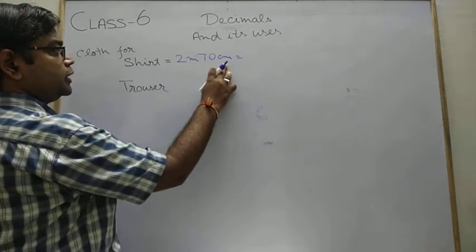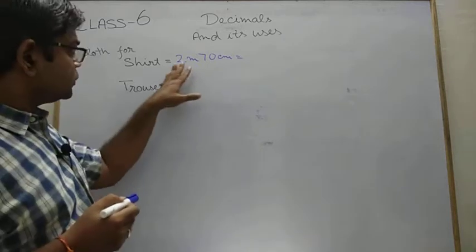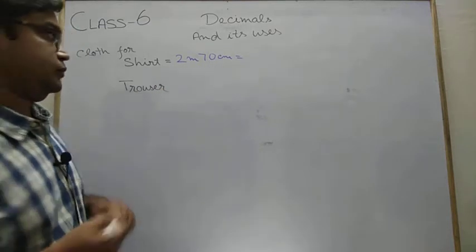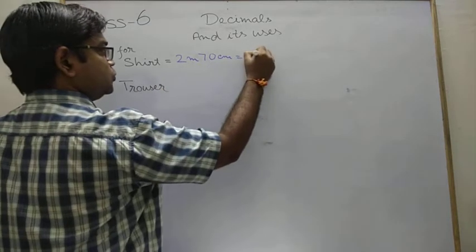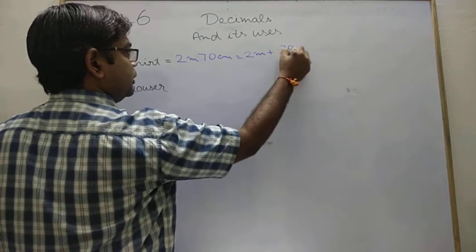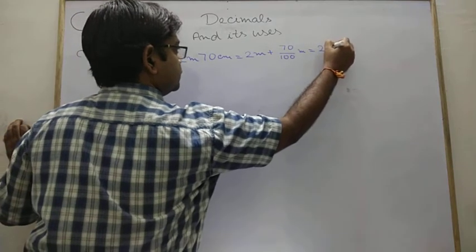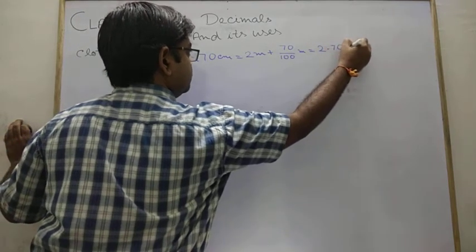Okay, we can do one thing. I am going to convert the whole into meter. So it's 2 meter plus 70 upon 100 meter, that is 2.70 meter.